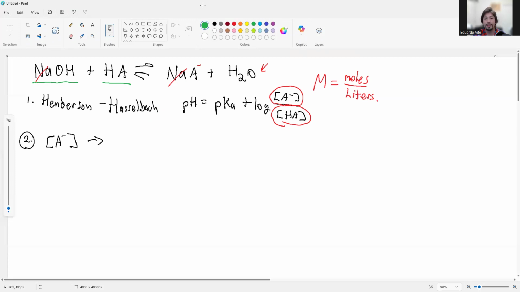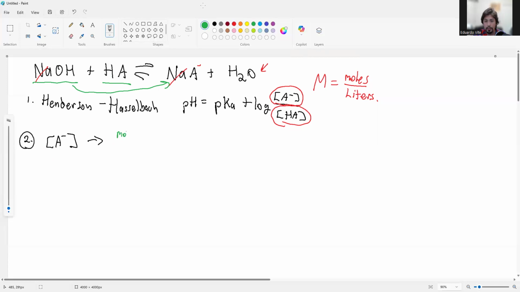And remember that in this case, you are titrating the acid with the base. So that means that you are adding small bits of base to acid. In other words, when you add the base to the acid, the moles of acid should be going down, the moles of base should be completely disappearing, but all of your base is being turned into sodium anion. So the moles or the concentration of your A minus, right?